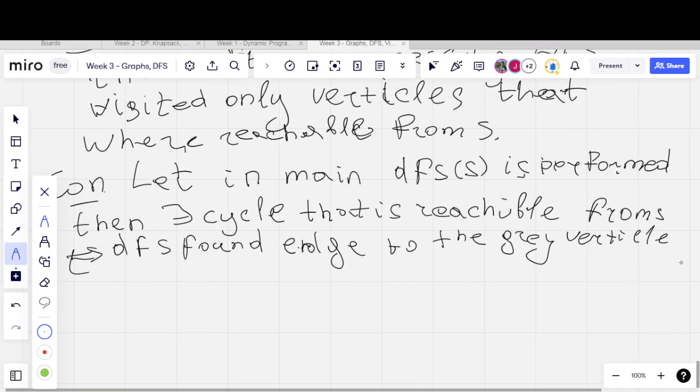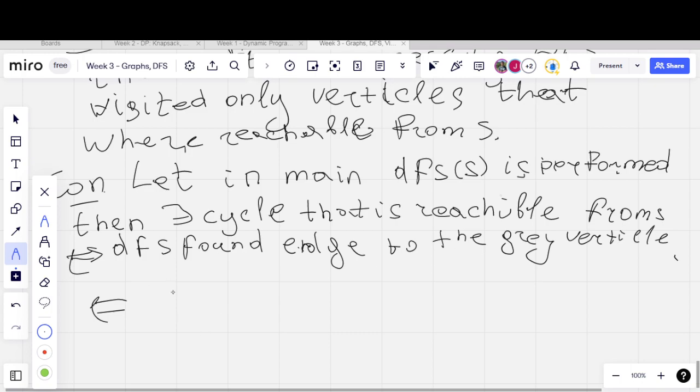So why is it true? Let's prove it. We have, okay, the first found edge to the gray vertex.